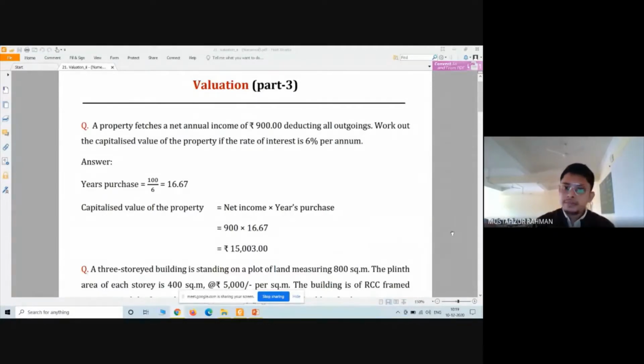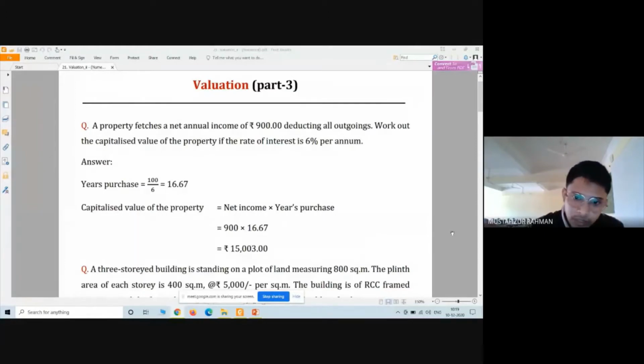On that basis, we find out the capitalized value of the property. It means that if I have the building and I am generating some income from the building, then if I have some money in the bank or in a financial institution, how much money will give me that income? So that is the capitalized value of the property.